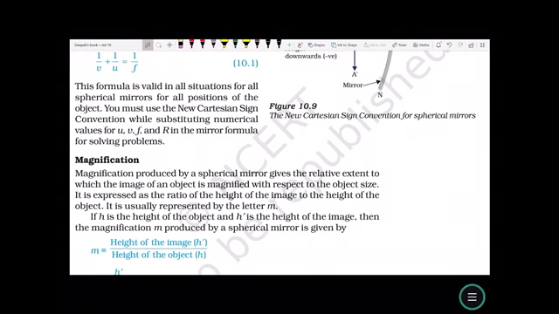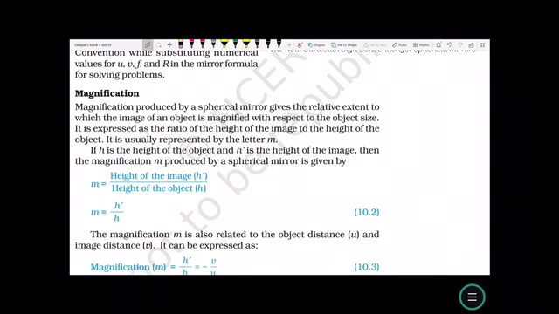Now, let us see what magnification is. Magnification produced by a spherical mirror gives the relative extent to which the image of an object is magnified with respect to the object size. So, whether it has become larger, and how much larger, will be known by the magnification value.